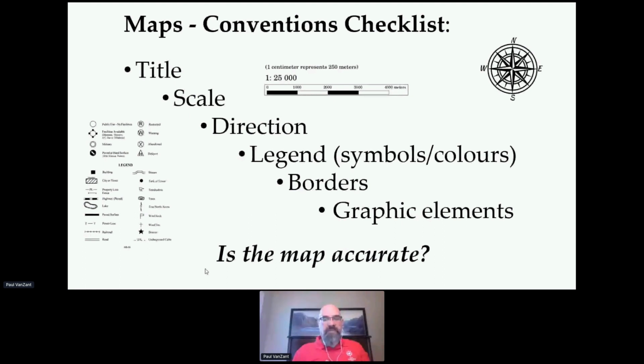How many times in teaching have we found that the students stare at the map and they start asking questions because they haven't identified these specific elements that might help them?